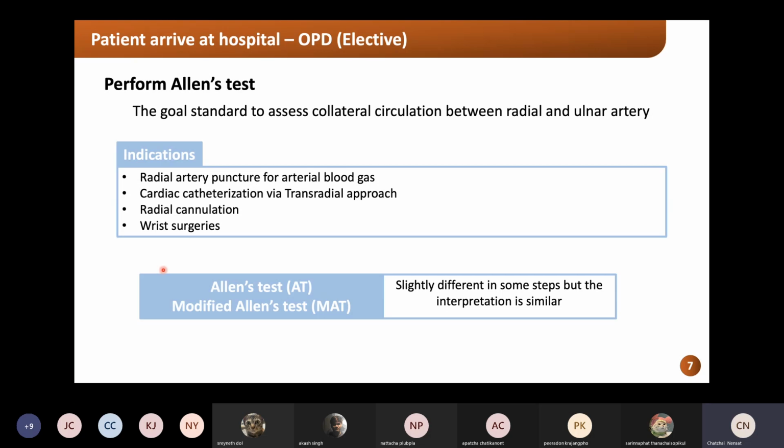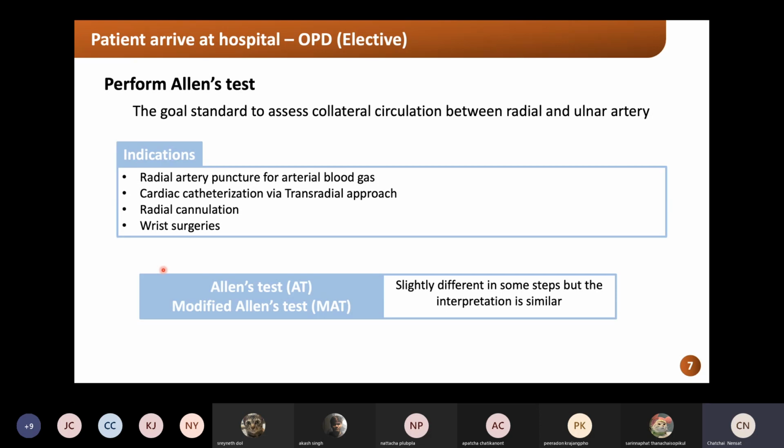The indications for doing the Allen test are radial artery puncture for arterial blood gas, cardiac catheterization via the transradial approach, like I said earlier, and also radial cannulation and wrist surgery. In these procedures we have to test the collateral circulation between the radial and ulnar artery.